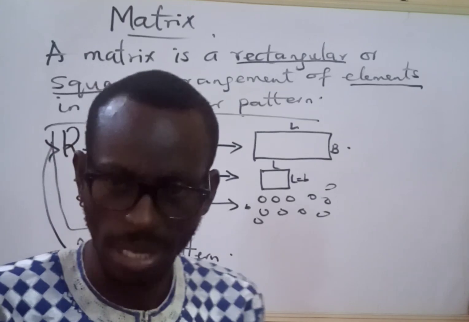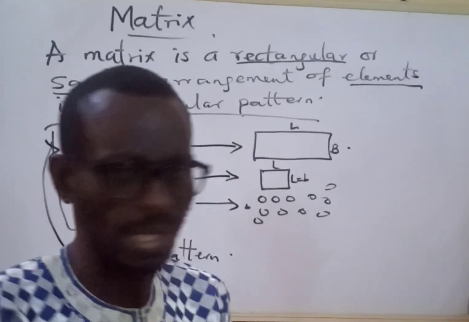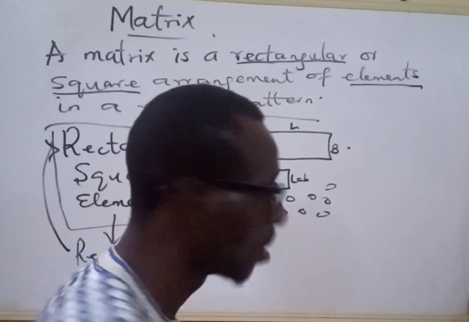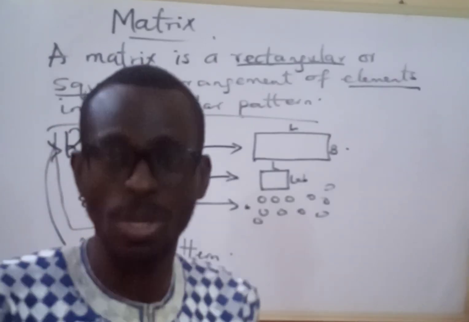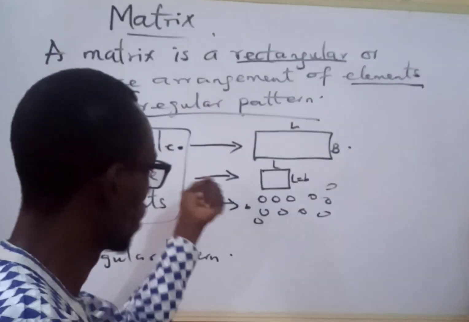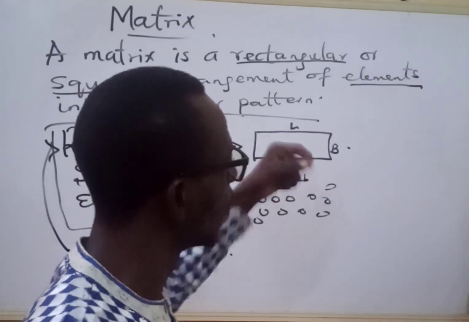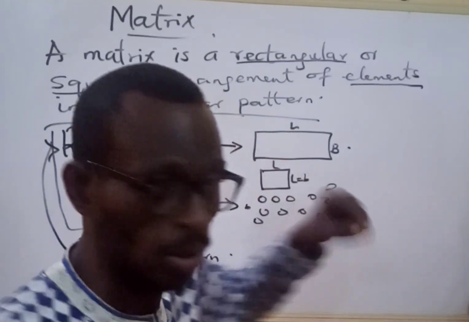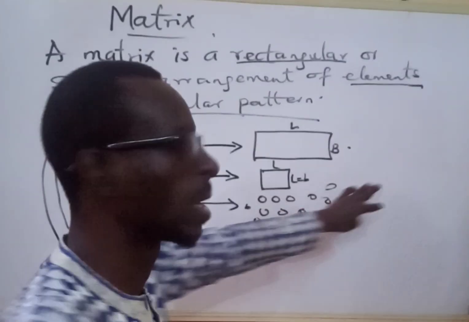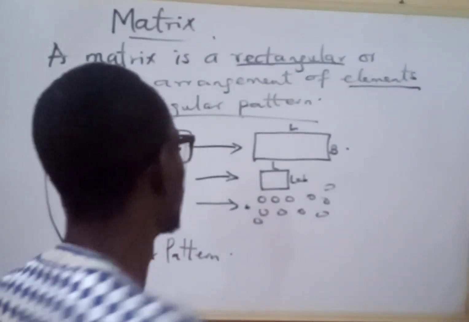Every other arrangement lies everywhere. But in the study of a matrix, when we are talking about the two-dimensional space, the rectangle and the square are the only platform that exists when treating a matrix.